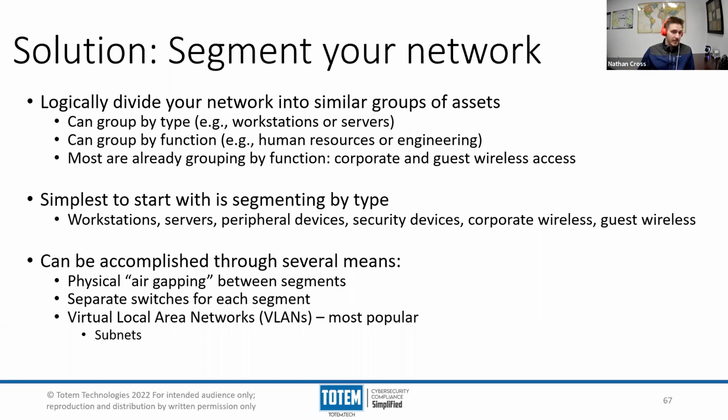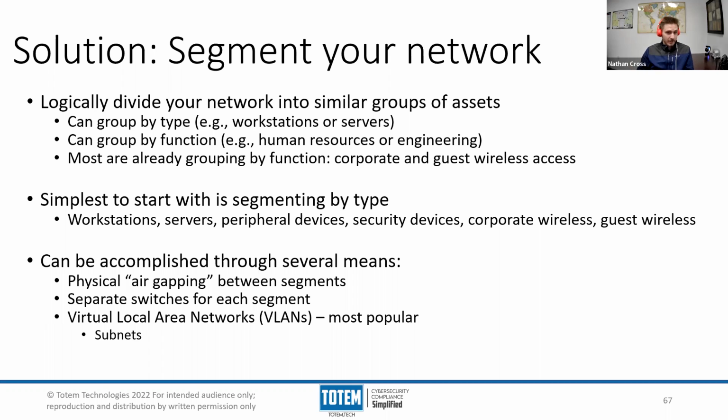There are a couple of ways that you can actually segment these assets. First, you can group them by type. For example, you can group all of your workstations together, all of your servers together, all of your peripheral devices together, like your printers, and your security devices together.